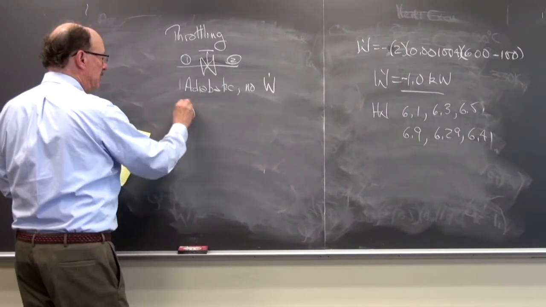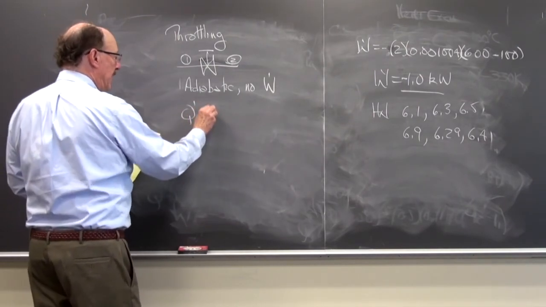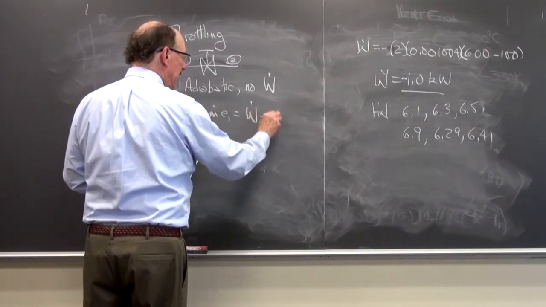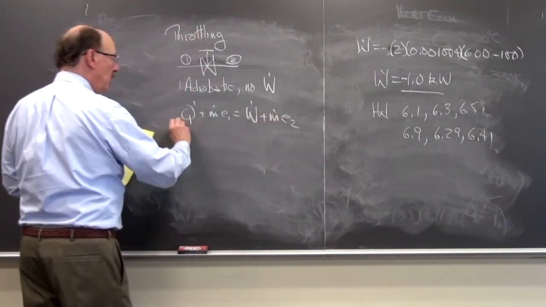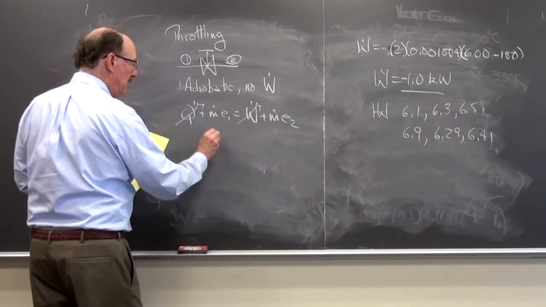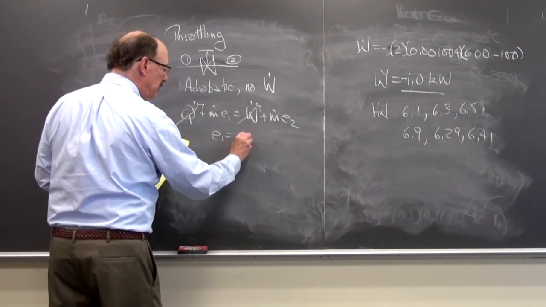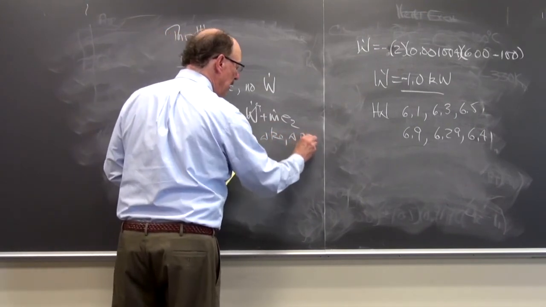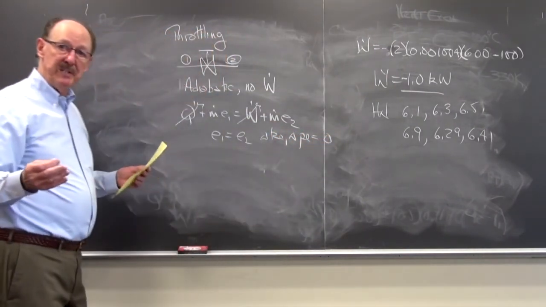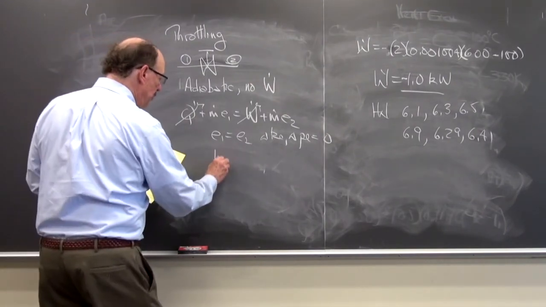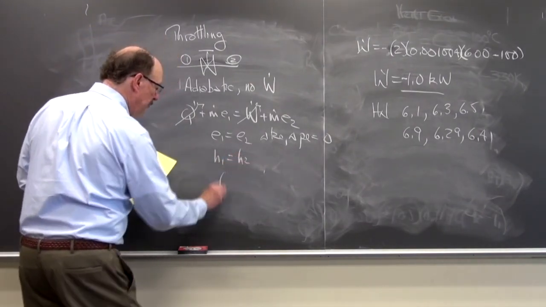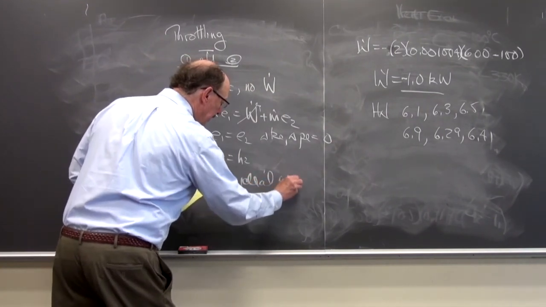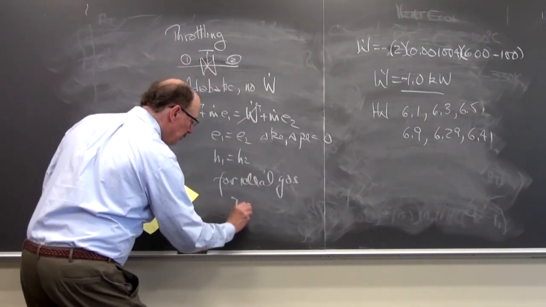So if I look at Q dot plus m dot E1 is equal to W dot plus m dot E2, with no heat and no work, I end up with E1 equal to E2, and if delta KE and delta PE are 0, which they are for this case, then we have that H1 is equal to H2, and for an ideal gas, T1 is equal to T2.